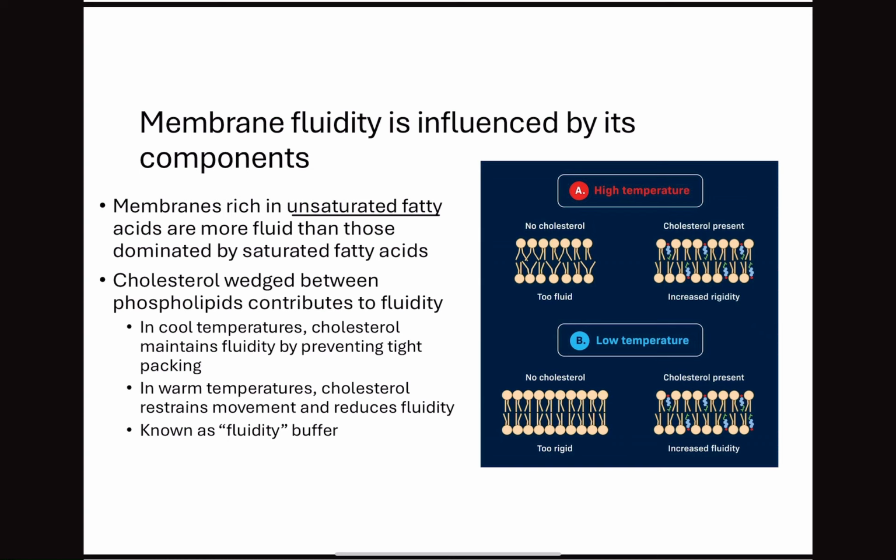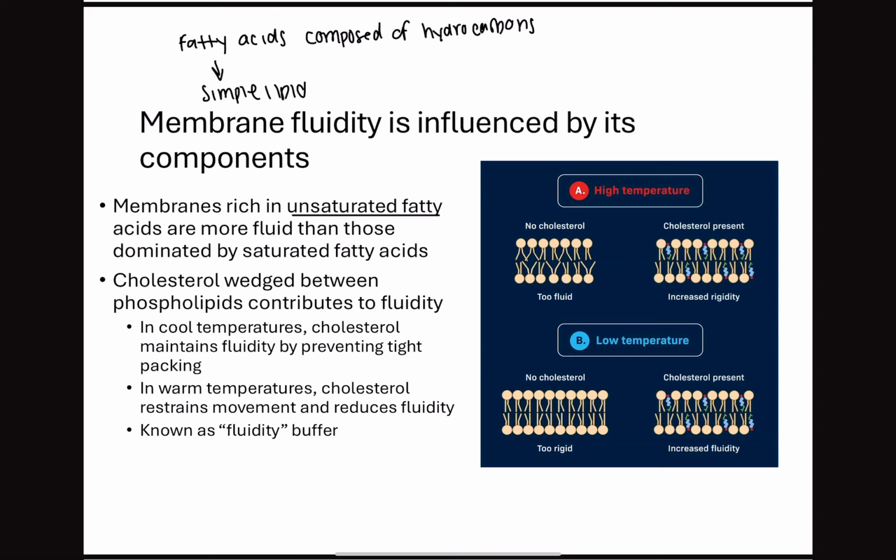So I want you guys to remember that our fatty acids are composed of hydrocarbons. So they are hydrocarbon chains, and they are simple lipids, all right?